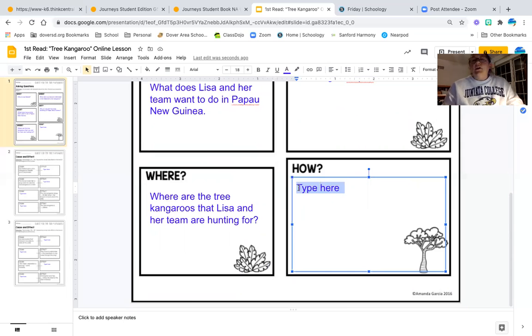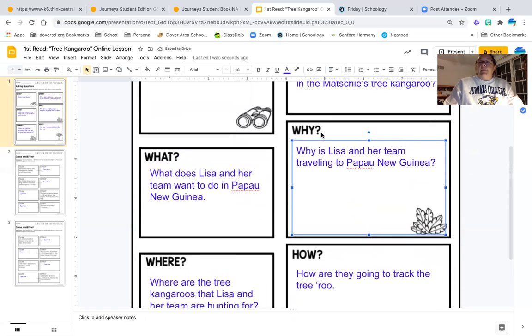And again, you're going to have to come up with at least one of these questions for each of these boxes. I'm just modeling this, so I'm showing you how I could do it based on just the information from the first page. But you have the whole text to write these down. So here we go. How are they going to track the tree roo? And I saw that in the text. They kind of shortened the word kangaroo and made it a roo.